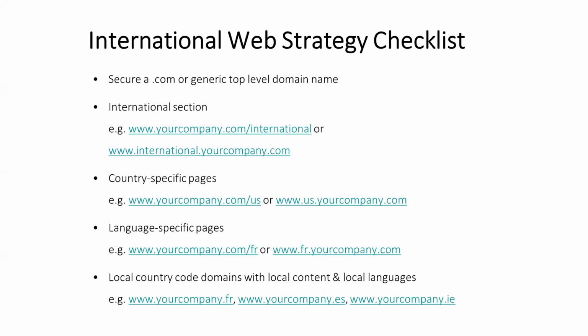Some of the indicators that you have a website strategy. Now, we'll deep dive on some of these later, but these are just a good sort of checklist for you to think, oh, yes, okay, I don't have any of these, or perhaps you have some of these that you're applying. So it would be best practice if you're targeting a specific country to think about how the strategy of your website is going to work.